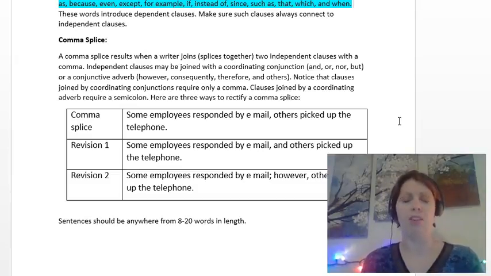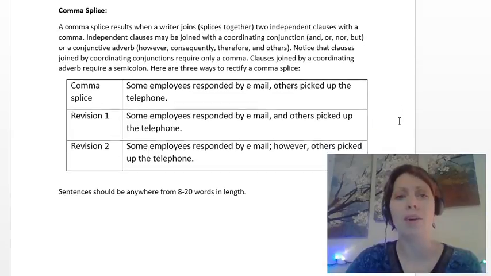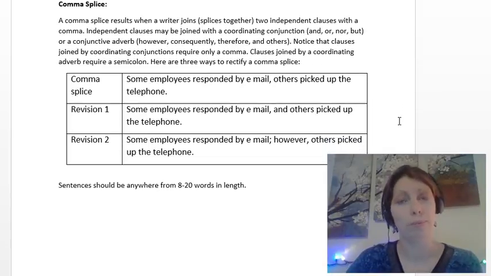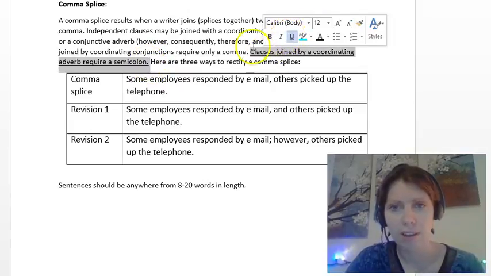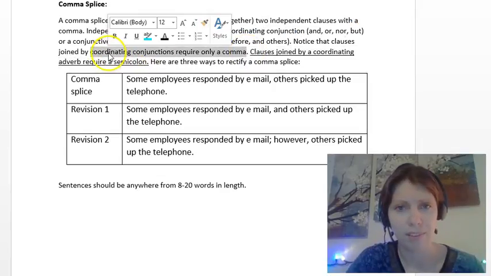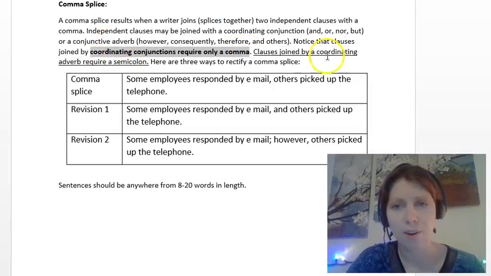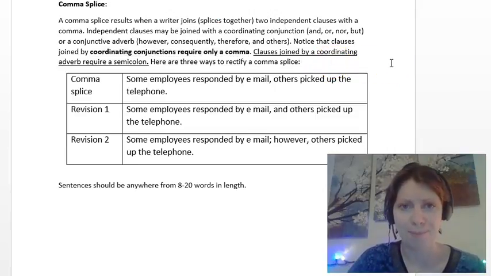Notice that clauses joined by a coordinating conjunction require only a comma. Clauses joined by a coordinating adverb require a semicolon. These are important instructions. Clauses joined by a coordinating adverb require a semicolon, whereas those using the fanboys only need a comma.